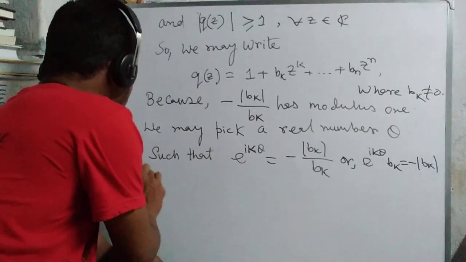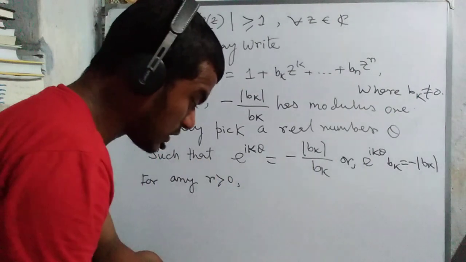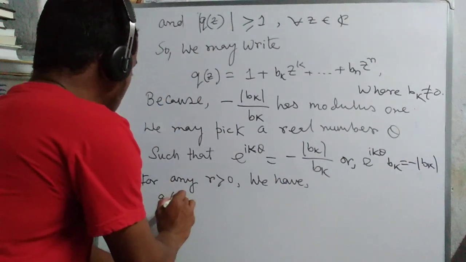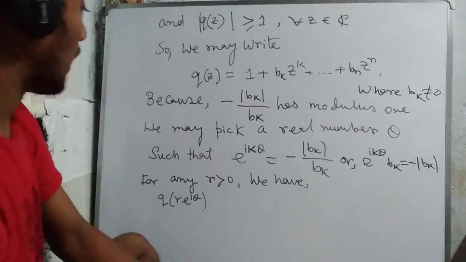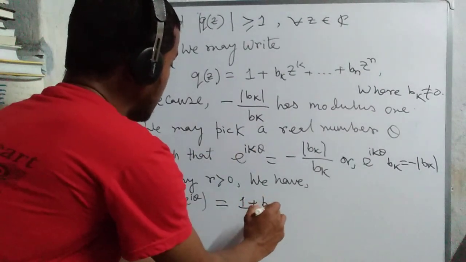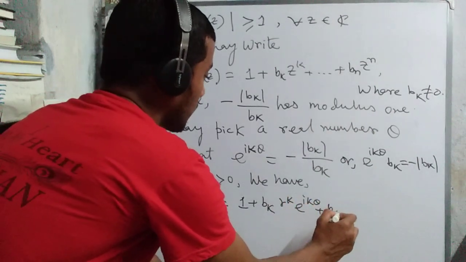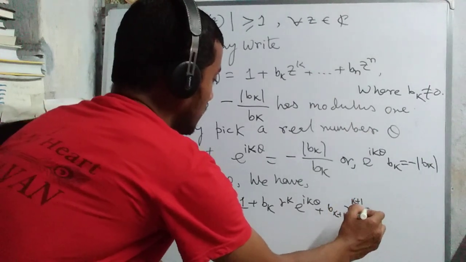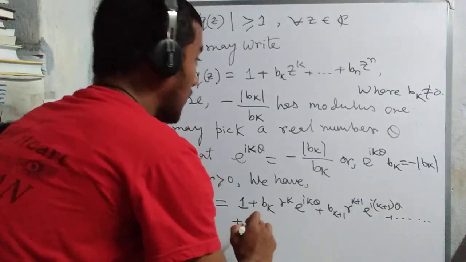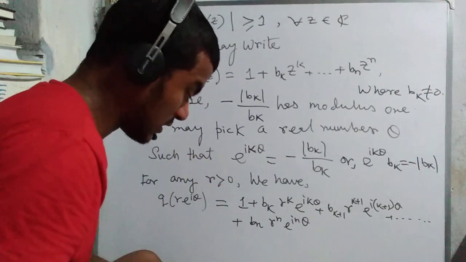Then what happened? For any r greater than 0, we have Q(r e^(iθ)) equal to 1 plus b_k r^k e^(ikθ) plus b_(k+1) r^(k+1) e^(i(k+1)θ) plus ... plus b_n r^n e^(inθ).